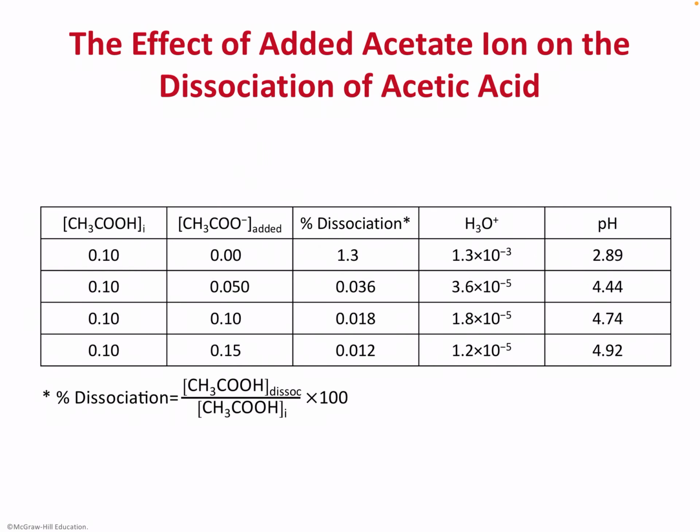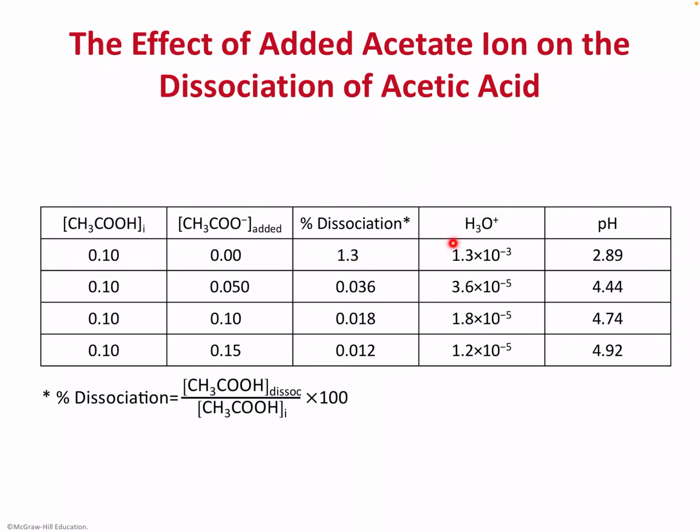Now let's see the effect of added acetate ion on the dissociation of acetic acid. Let's say you have 0.1 molar acetic acid initial concentration. You don't add any acetate ions. So the percent dissociation is 1.3, pH 2.89.